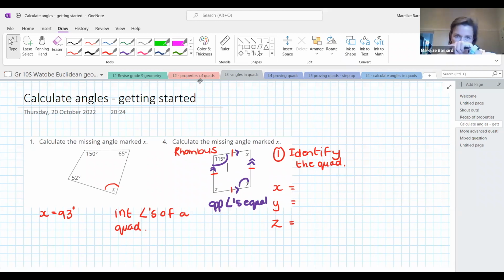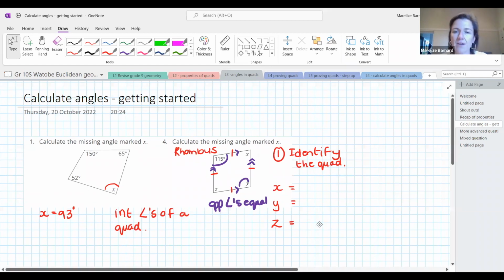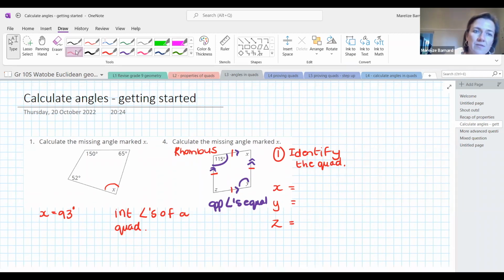Now, let's see. There are some answers. Sibonga Musa is saying that x is 65. I agree because of the co-interior angles. Some other people have said that as well, so you guys are on the money there.